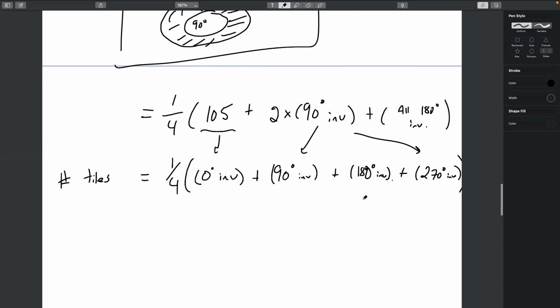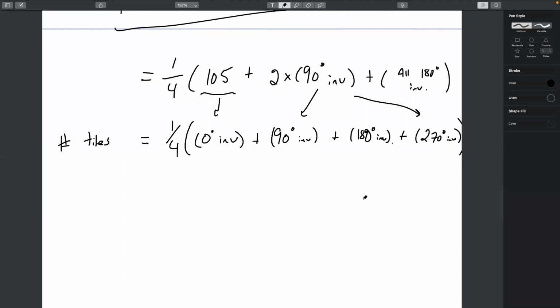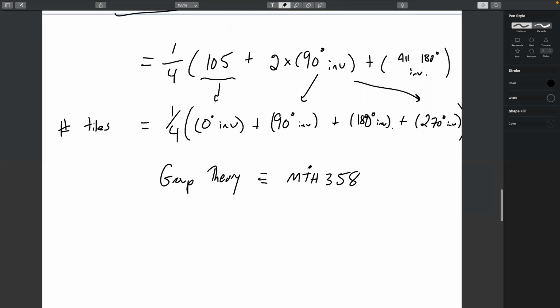Now, does anyone know what branch of mathematics deals with symmetries? Yeah, group theory. Group theory, which you'll learn in math 358, I think is the course number here, deals with symmetry.